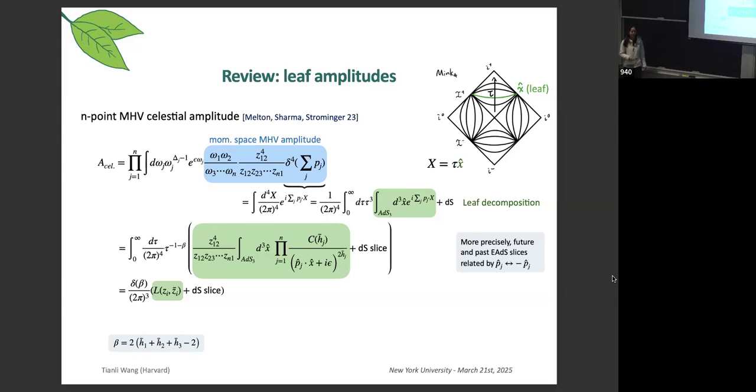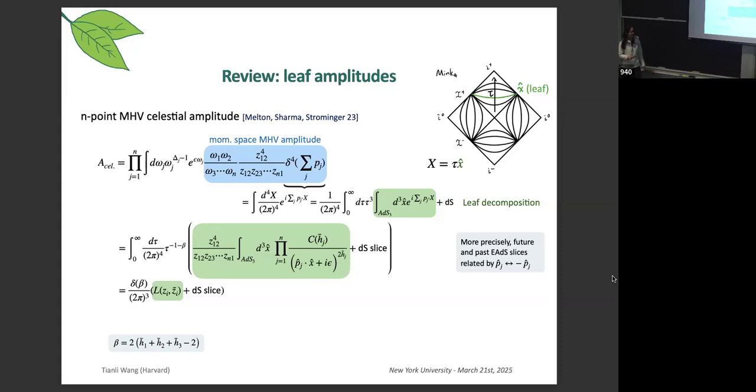I think you can do that, but we do want our leaf amplitudes to obey some nice properties, like nice soft limits and so on. That's worked out in another paper by my collaborators in 23.